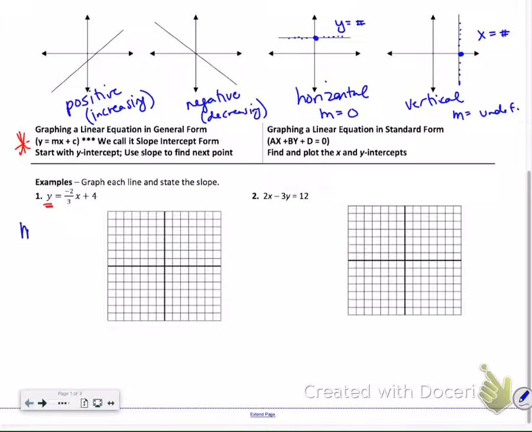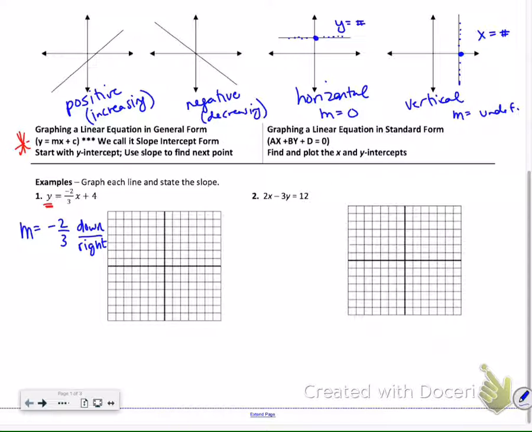So in this case, your slope would be negative 2/3. That means that we're going to go down 2, and we're going to go right 3. Down is because it's negative. Positive would go up, negative would go down. And personally, I always go right. You could go left, but if it's negative, don't go left and down because now you've canceled out the negative.